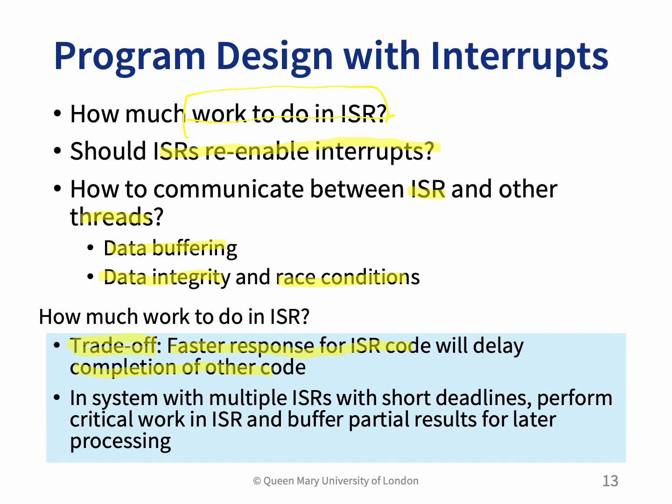In a system with multiple ISRs or short deadlines, perform the critical work in the ISR and buffer partial status results for later processing. That means that if you have a short deadline, you can just perform the critical work first in the ISR, and then the partial, not the complete result, you can buffer for a later stage.